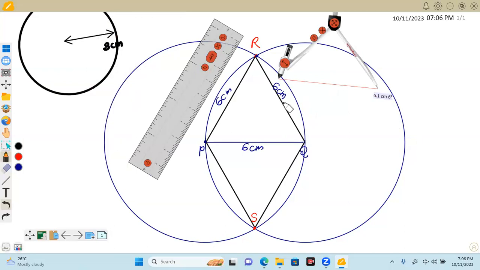What is the name of the triangle when all the sides are equal? Yes, look at the small note I gave you. It is called an equilateral triangle. Write down: equilateral triangle.